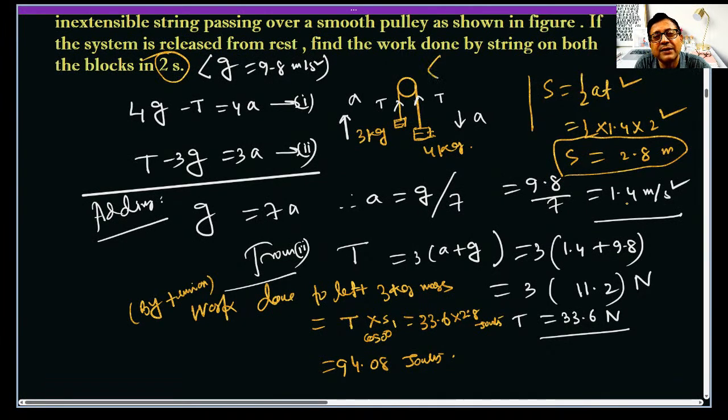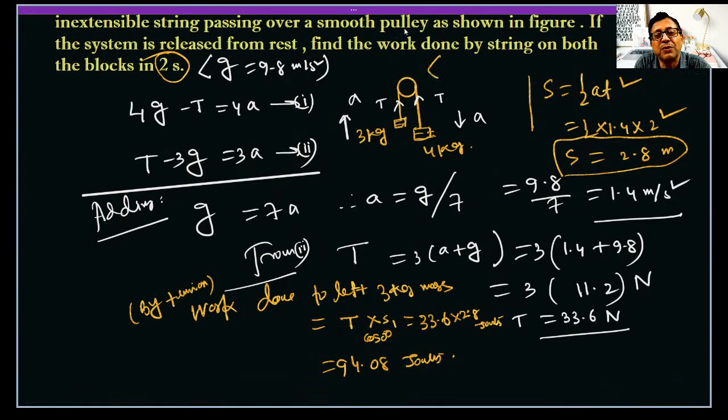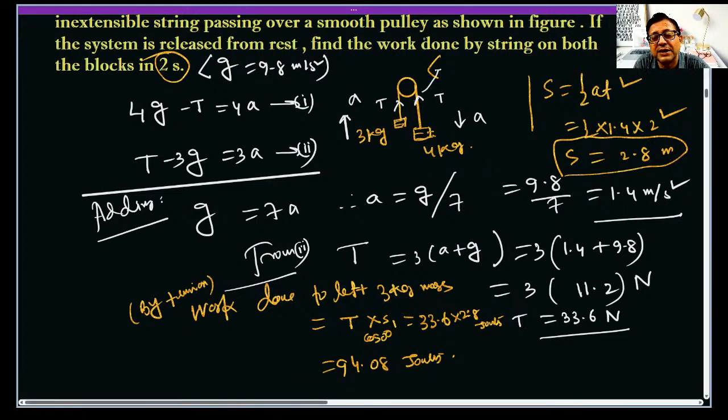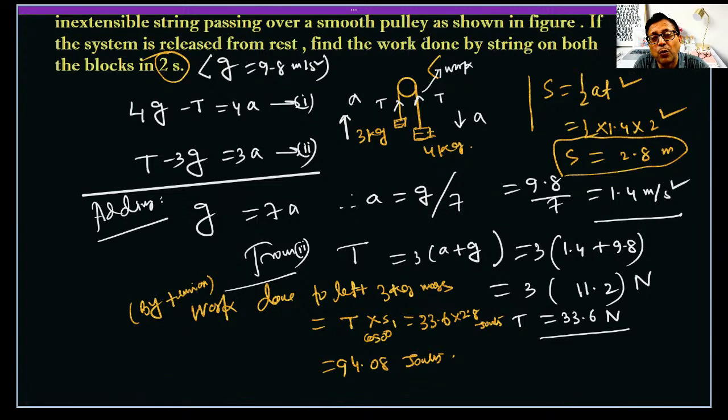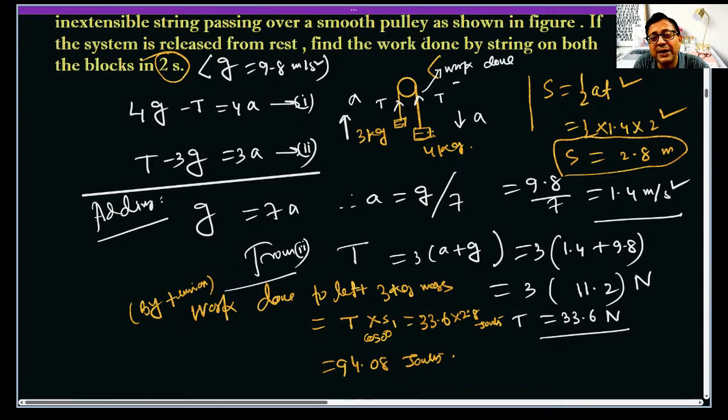I am writing it here. In this case, work done by tension will be T S cos 180 degree. Clear? That is the tension you got here. So just multiply and this work done is going to be negative.